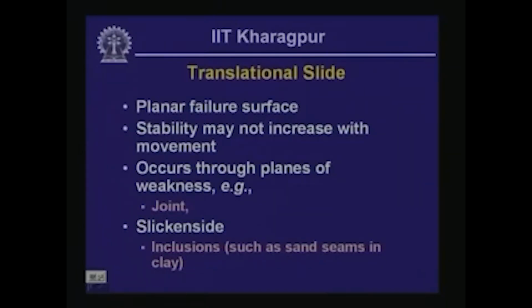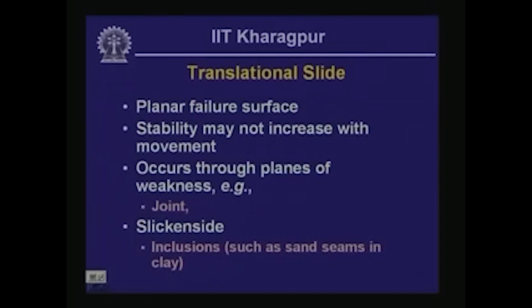And there is an essential difference between translational slide and rotational slide, in that in case of rotational slide, normally as the movement progresses, the slope surface becomes less and less steep, and as a result stability increases as the movement progresses. But in case of translational slide, stability does not increase with the movement because the slope remains as steep as it began with.